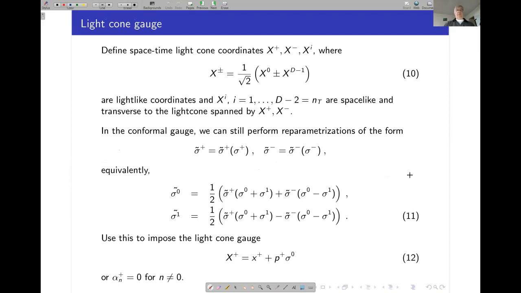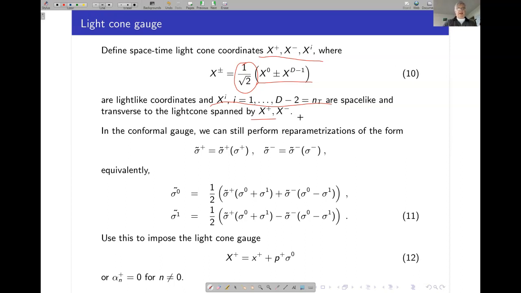So, light cone gauge. First, we just introduce a new parametrization, which is similar to the light cone coordinates that we had on the worldsheet. We pick one of the space coordinates and pair it together with the time coordinate to form light cone coordinates. Compared to what we did on the worldsheet, there's a conventional factor 1 over square root of 2 here. And of course, in space-time, we will then be left with additional space-like coordinates, which are labeled x^i, d minus 2 of them, and these are the transverse coordinates, transverse to the light cone spanned by x plus and x minus.